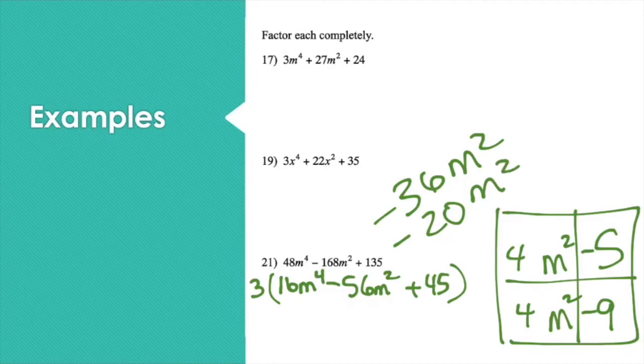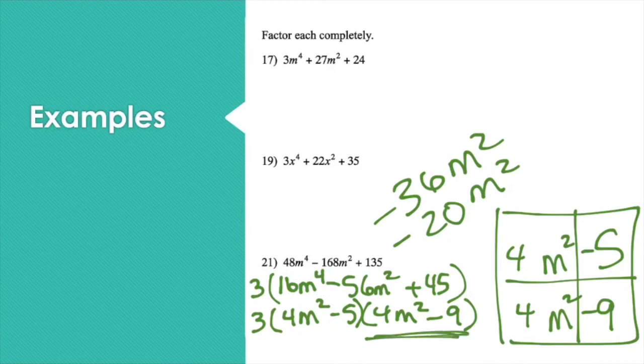So let's write that down. 3, 4m squared minus 5, and 4m squared minus 9. I need to look here. Can I factor any of these again? I can do this one because this is a perfect square and that's a perfect square. This is called a difference of squares.